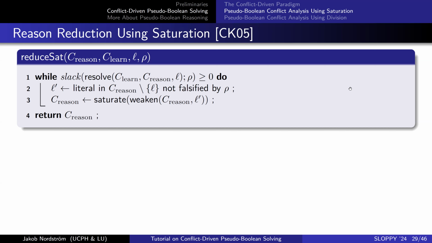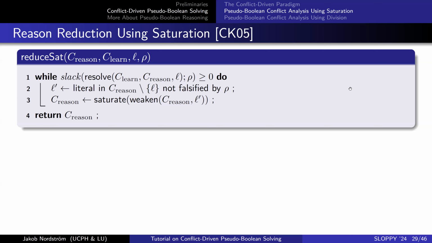As long as the slack is non-negative, which we don't want, find a literal which is not the propagated one, which is not falsified, weaken on it, and saturate, update the reason to be this, and try again. And do this while the slack is non-negative, and then return the reason.